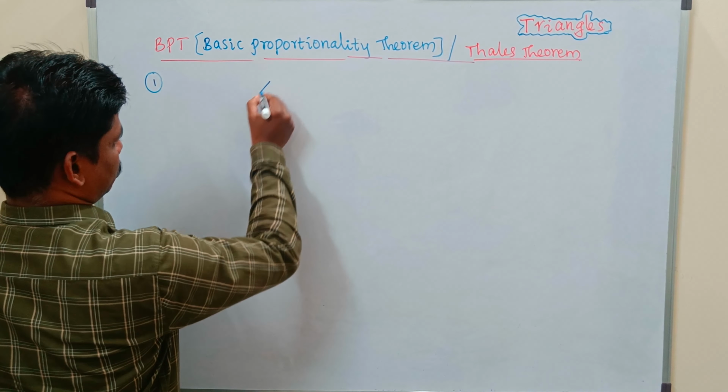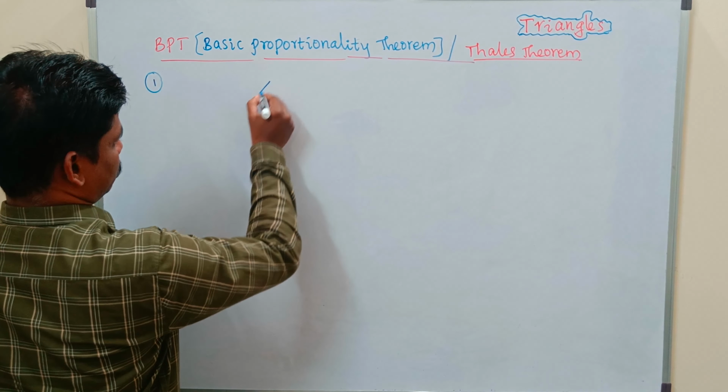Here DE is a line which is parallel to BC.